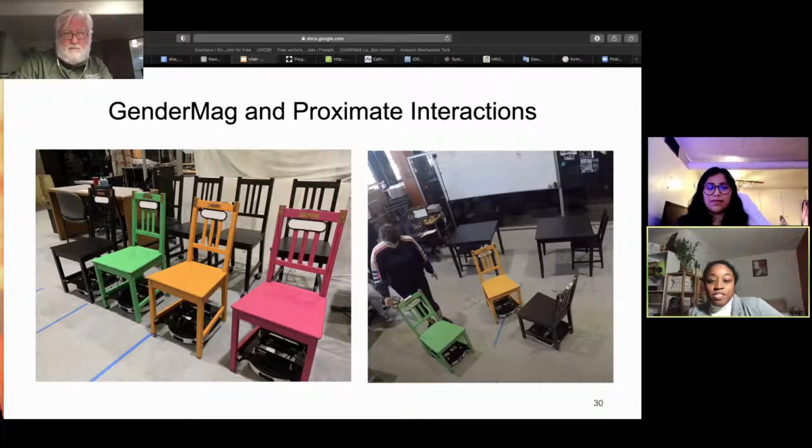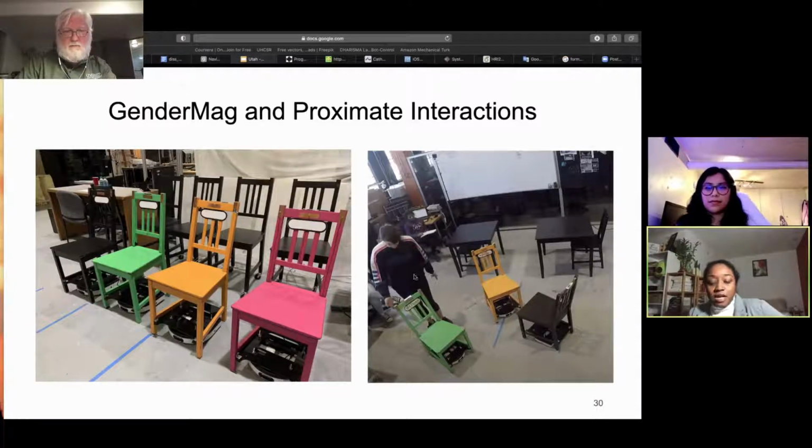If you look very closely, and electrical engineering students might understand this, here we have a capacitive touch sensor. Basically it detects if there was a touch or not, so it's like a 1 and 0. And if there is a touch, the chair will move.